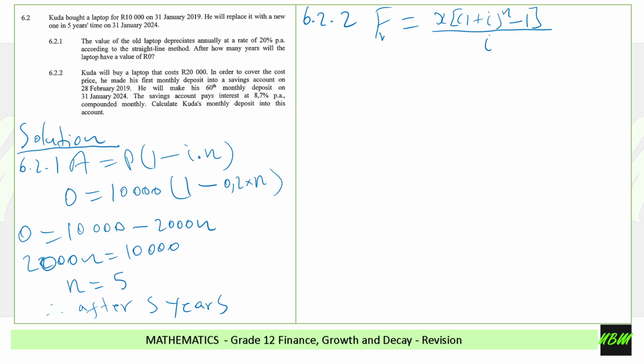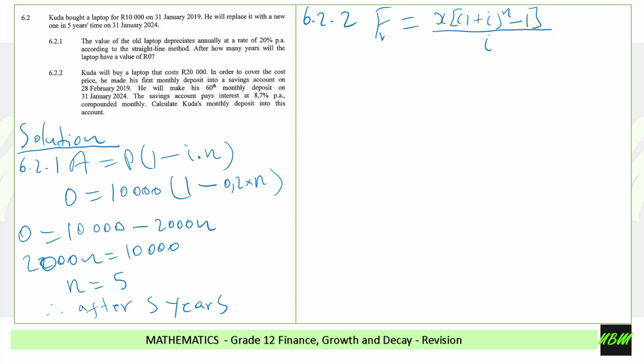Now we have to calculate x, which is Kuda's monthly deposit into the account.